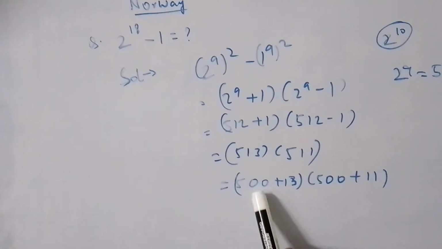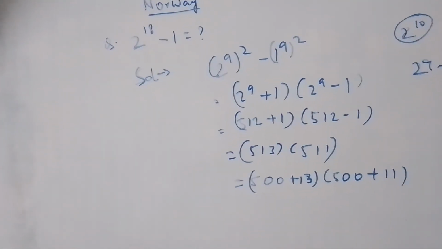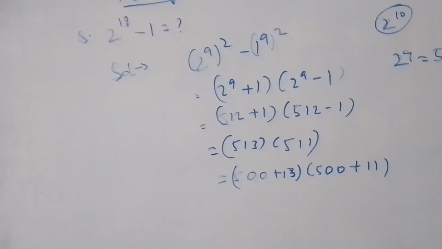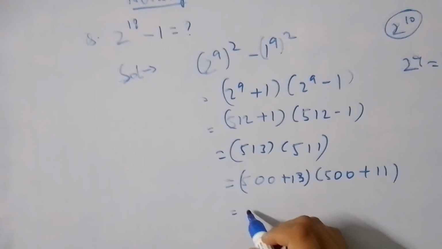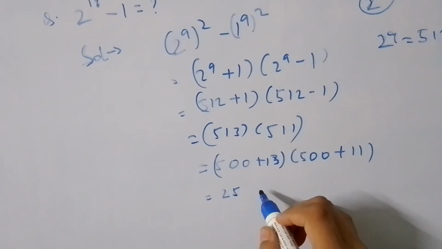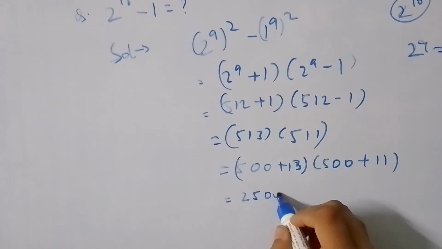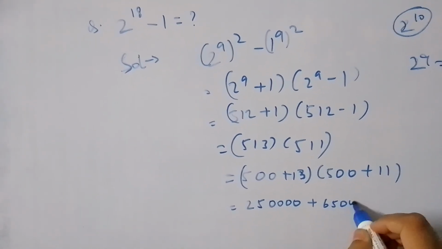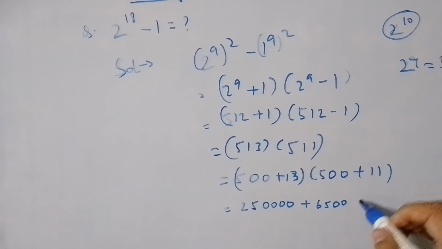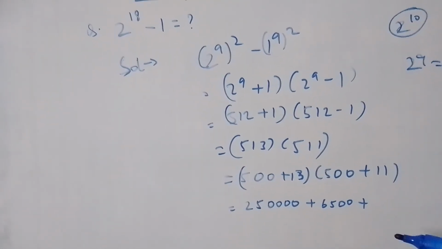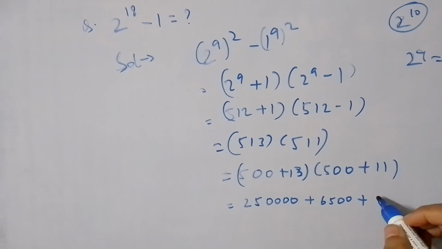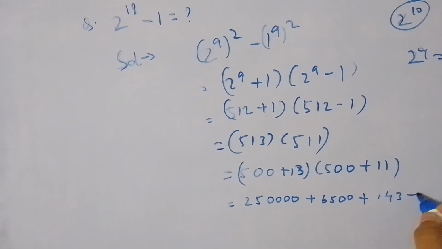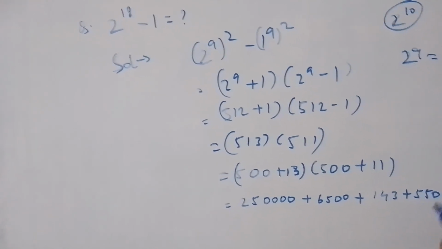So we got zeros, so 500 and 500, so we just multiply to get a simpler value, 251234 plus 6500, then this with that, so 15500, 143 plus 5500.